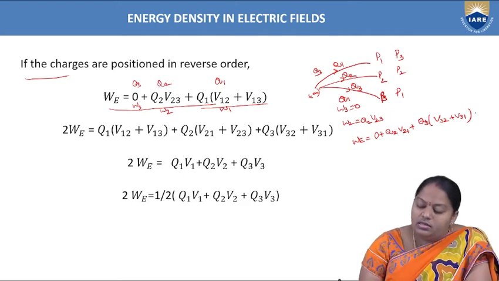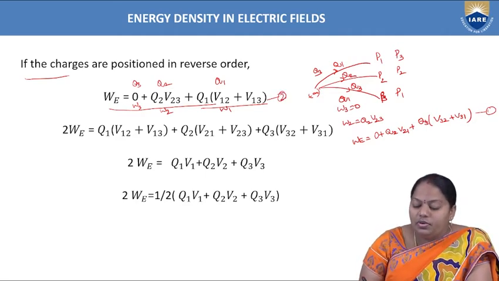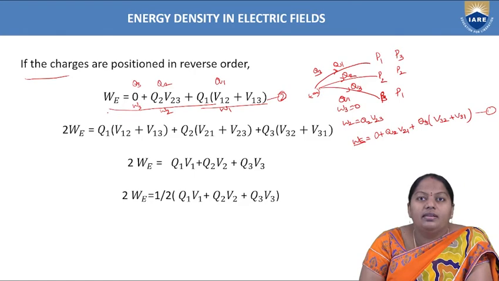So consider that as one equation and here it is equation number 2. By adding 1 and 2, if you add the LHS of these two equations, they are the same, that is WE and WE.